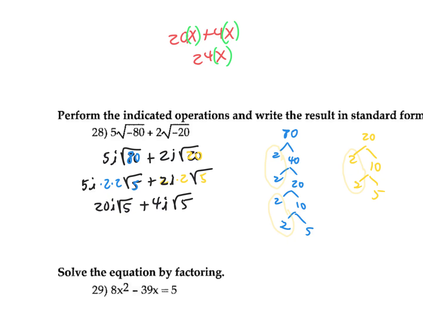Well, that is what we have here. We have 20 times some number, plus 4 times that same number. So that's going to be 24 times that number, right? Now, in your final answer, do you need to write those parentheses? No, you don't need to write that. I just drew those parentheses to illustrate the concepts. So this should be the final answer there. Hopefully that makes sense. That is as simplified as could be.